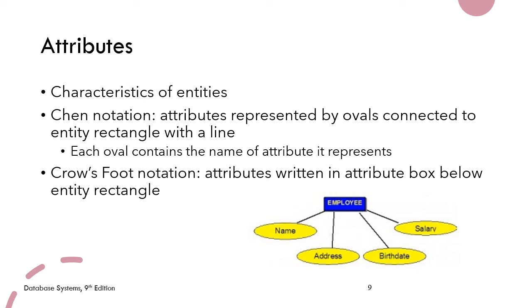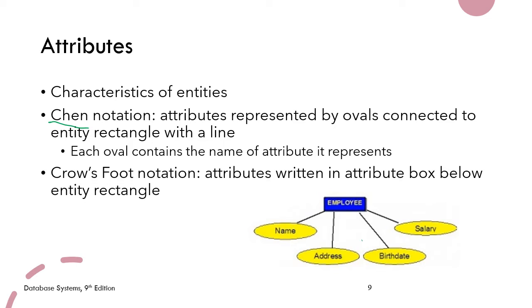Now the thing that can attach to the entity is an attribute. An attribute defines the characteristic features of the entities. So this is the notation. If you are using Chen, the attributes are represented by an oval shape connected to the entity rectangle with a line.